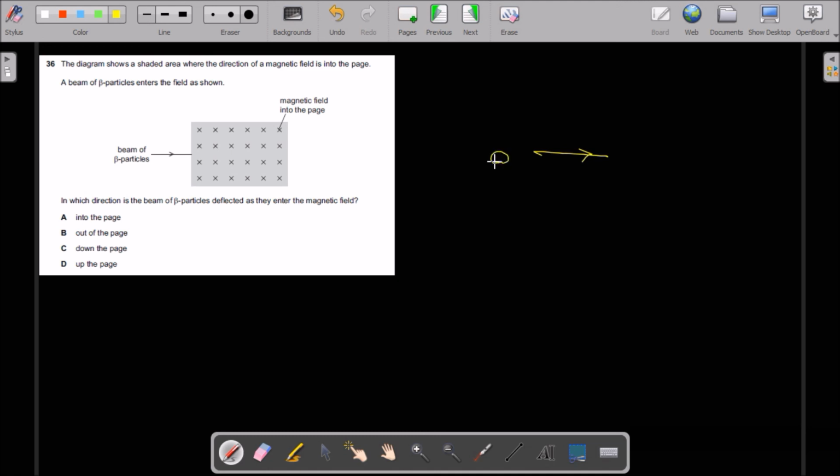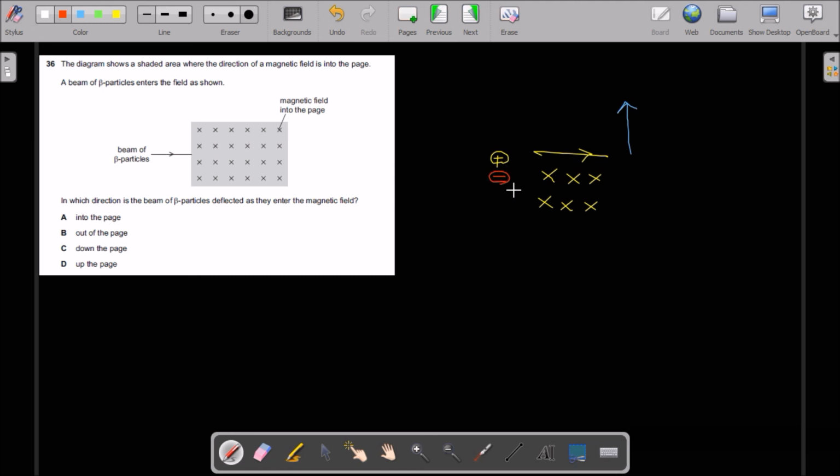suppose this is a positive charge. When beam is to the right and magnetic field is into the page, then force will be upward. But in this question it is said beta particle.